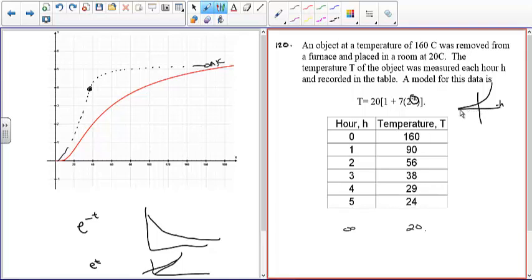So this is going to approach 0, and so you get 20 times 1 plus 0. So as h, time, goes to infinity, temperature goes to 20, the room temperature. And the way this thing actually looks is something like this as a function of h. This was a function of negative h. So it starts here at 160, and then it levels out at 20.